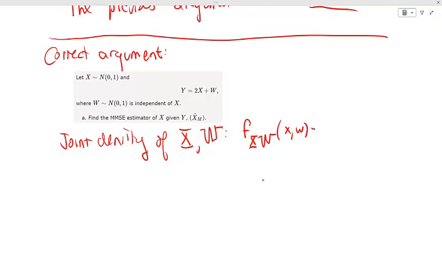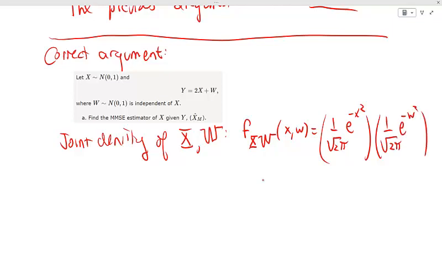Both of them are normal 0, 1, so that's 1 over square root of 2 pi times e to the minus x squared. Since they're independent, I can multiply the density functions, and that's e to the minus w squared. So that's equal to 1 over 2 pi, because the two square roots come together, times e to the minus x squared minus w squared.